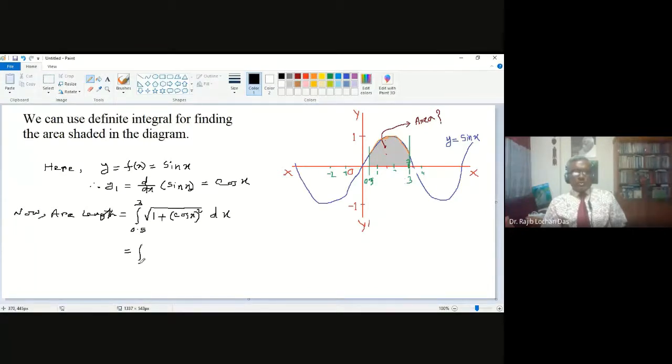So this is a problem you cannot really solve, because this cos square x within the root over thing we cannot really solve, because we did not learn that technique.